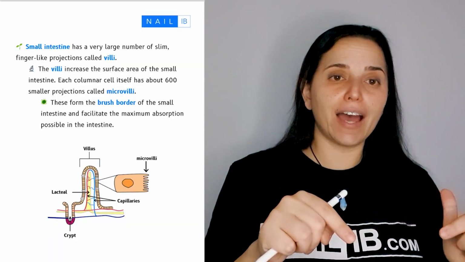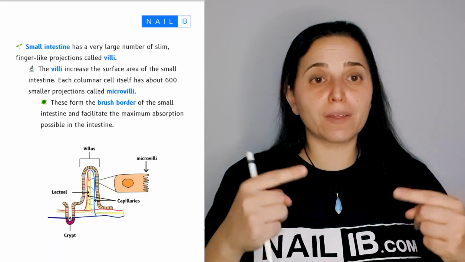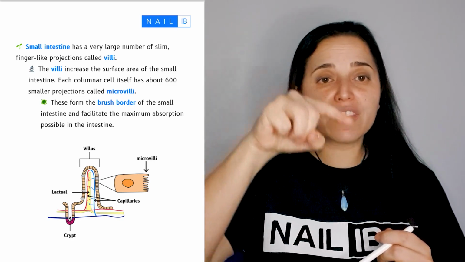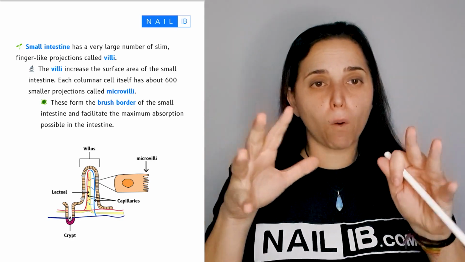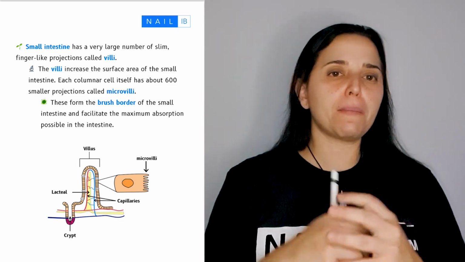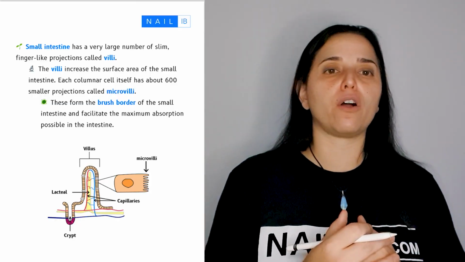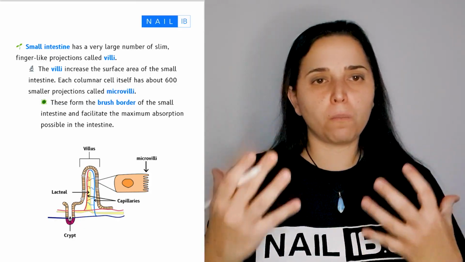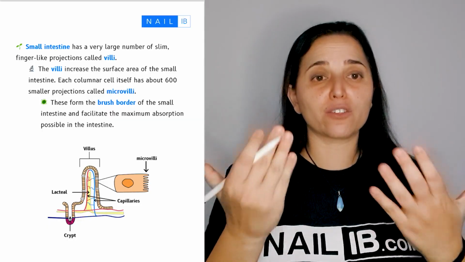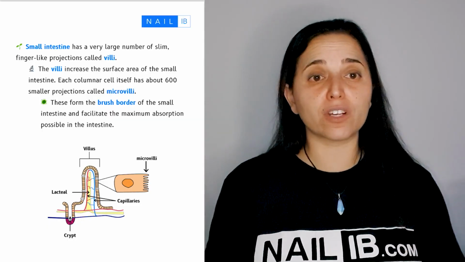And even the villi have extra foldings, which are the microvilli. All of these foldings are there to make more contact. So by having more contact, a greater surface area to volume ratio, there is more exchange and more absorption of molecules passing through the small intestine to the bloodstream.